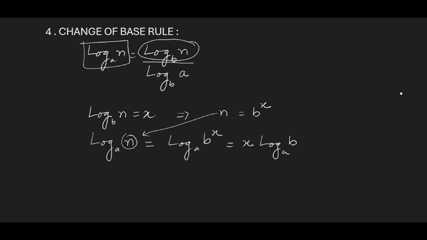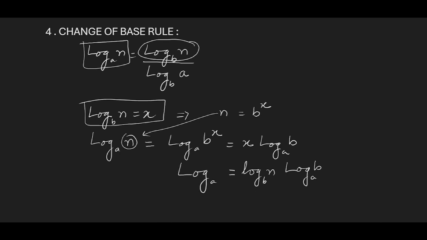ठीक है. Now what will you do? The value of x is, this is here the value of x. X is log of b n, and log a of b. So this is log a n is equal to this. And now what will you do here?